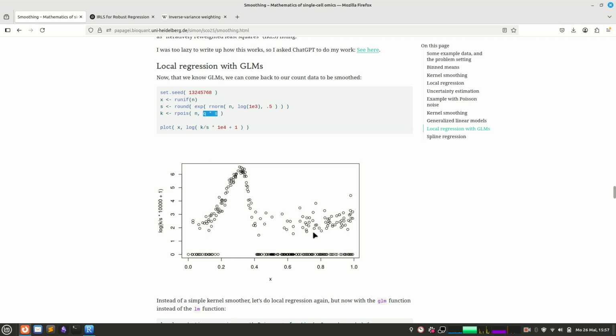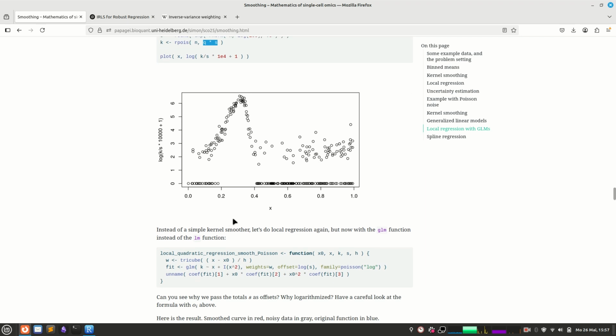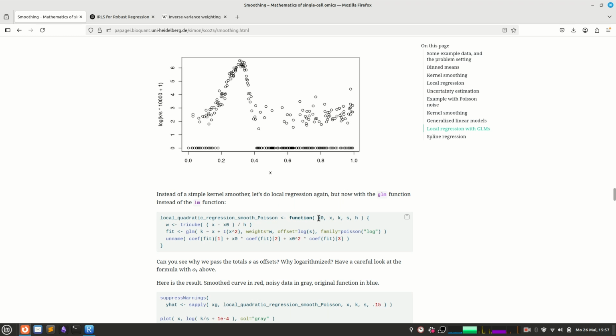This is what we had last time. And yet, instead of a kernel smoother, I do this local regression. So again, I write my function, which gets a point X naught and all the data and a smoothing bandwidth. And it calculates the kernel weights around our query X position.